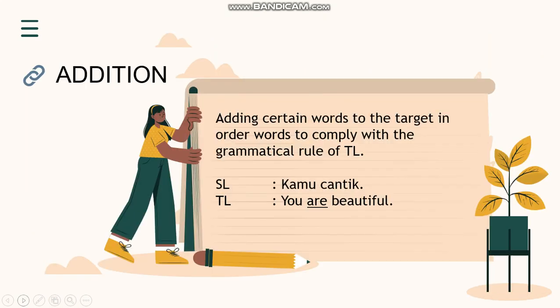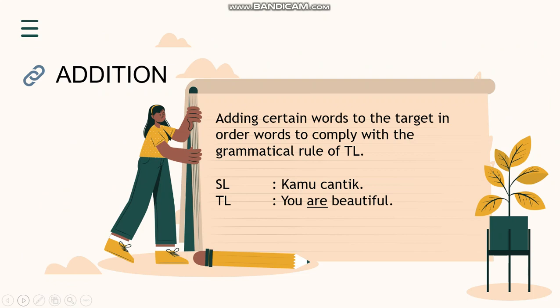So for the first type of structural strategy, it is addition. Addition means adding certain words to the target language to comply with or complete the grammatical rule of the target language. Here we have an example for source language, kamu cantik.